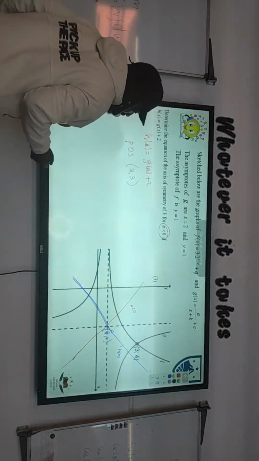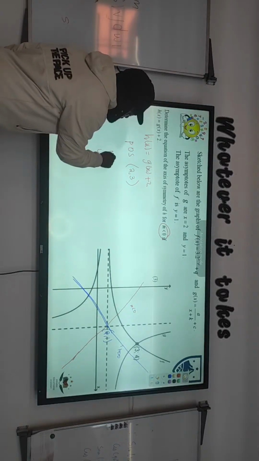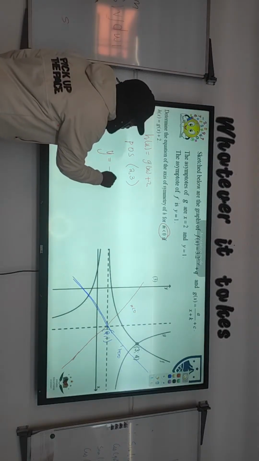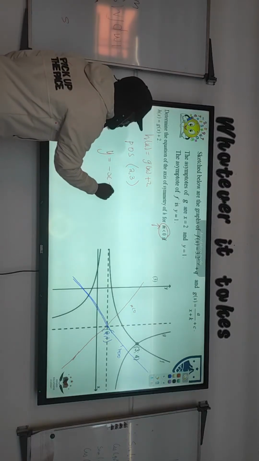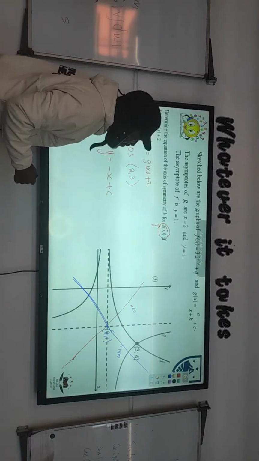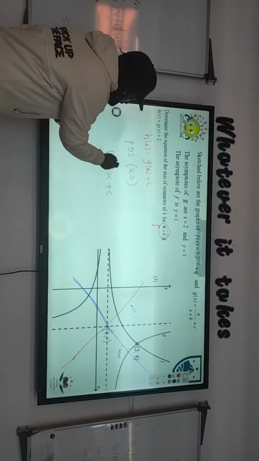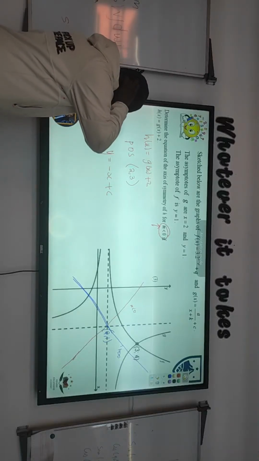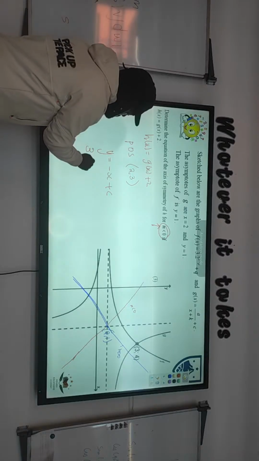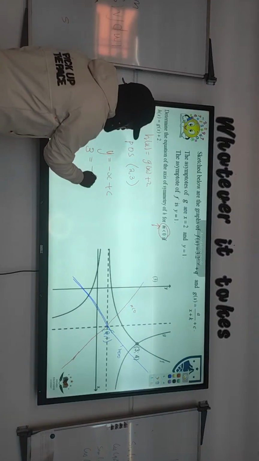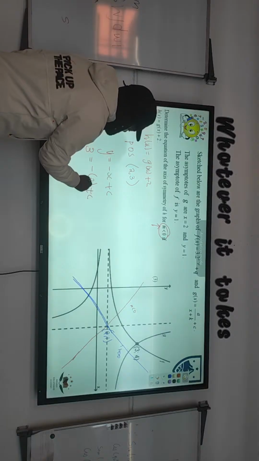So our equation will be y equals negative x plus c, because we're looking for the one with the negative gradient. Then we can simply substitute x equals 2 and y equals 3. So I have 3 equals negative 2 plus c.